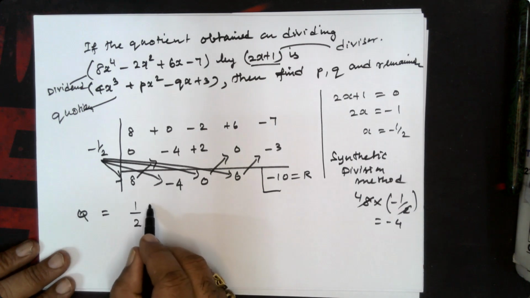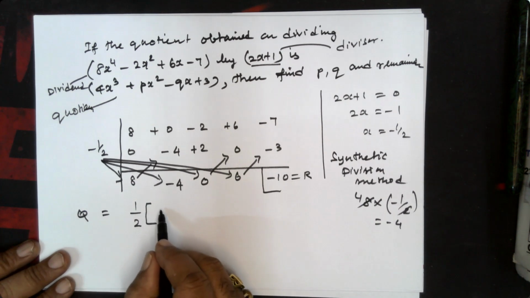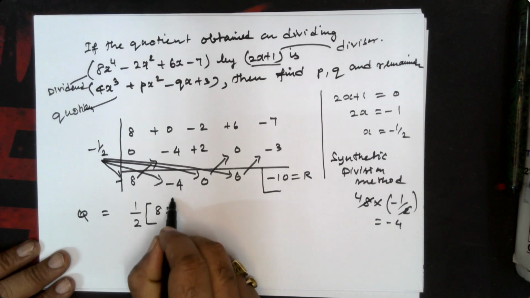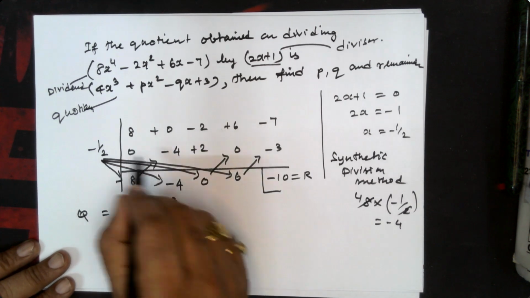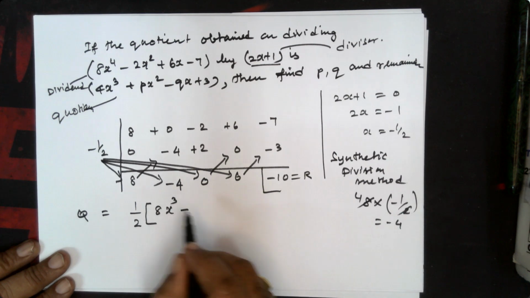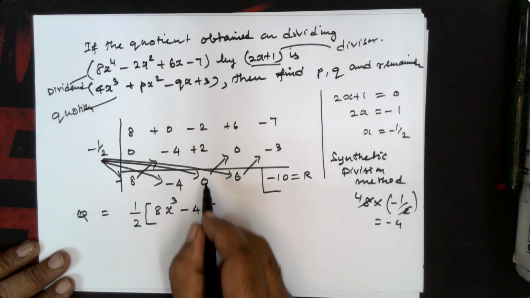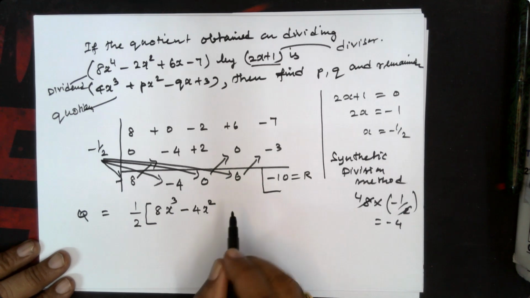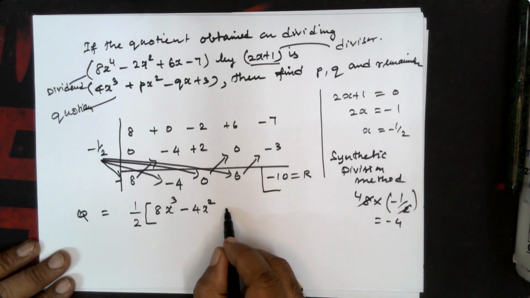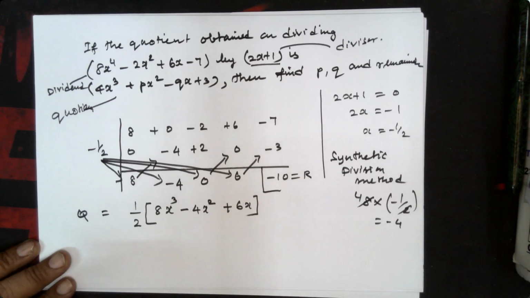So open the bracket, this is 8x cube. Next, write down whatever quotient we have got here: minus 4x squared, then 0, leave it, and then plus 6x. So this is our actual quotient.